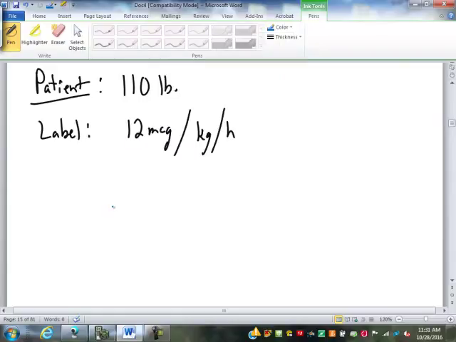There are a couple of different ways we can approach this. First thing we're going to have to do no matter what is turn pounds into kilograms. We divide by 2.2, which gives us that 110 pounds is 50 kilograms.